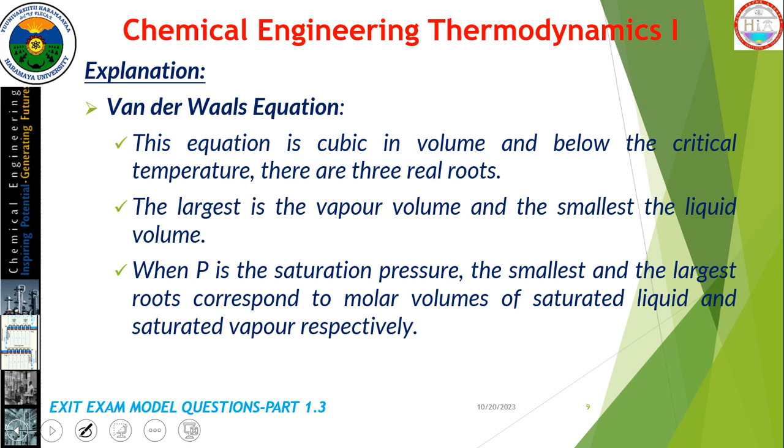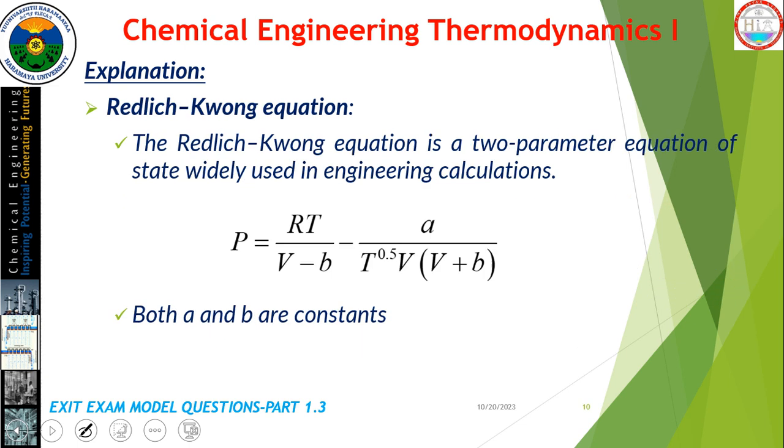The sum of the largest and the smallest volumes divided by 2 gives the mid value, which is the third real root.